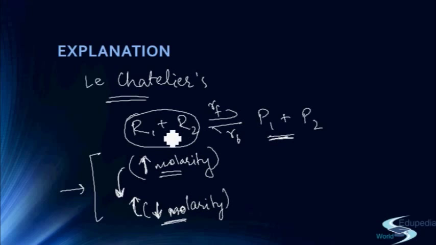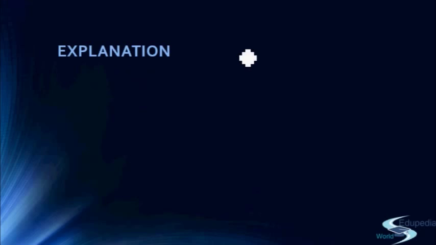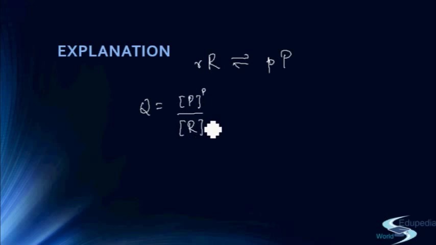And mathematically speaking, why does this occur? Basically say I have a reactant forming a product, and the stoichiometric coefficients are small r and small p. Right now my Q is equal to the concentration of P raised to the stoichiometric coefficient, divided by the concentration of R raised to the stoichiometric coefficient.